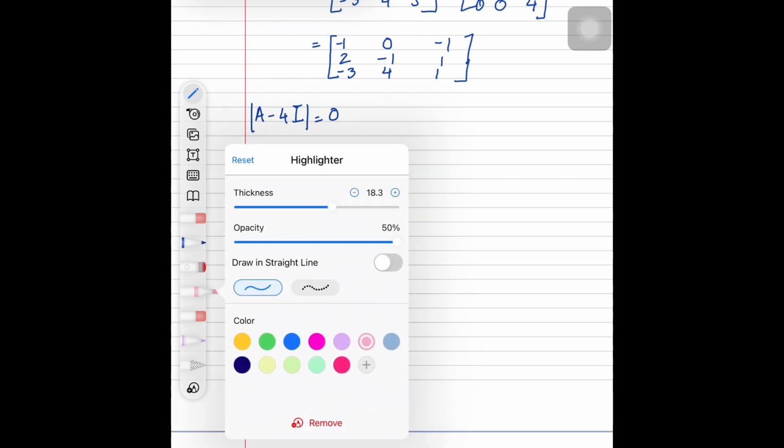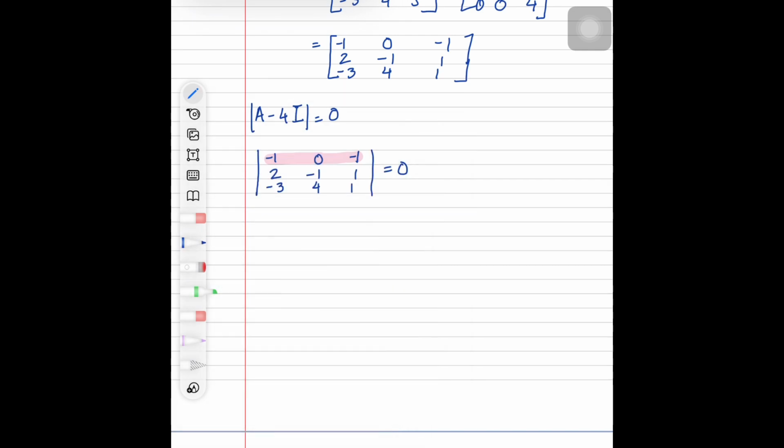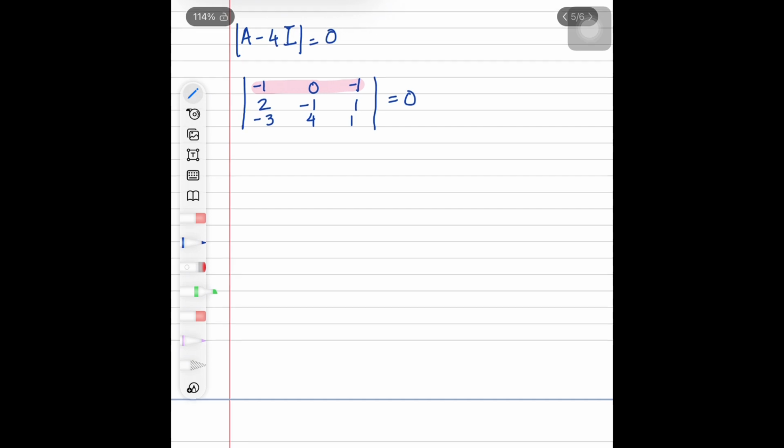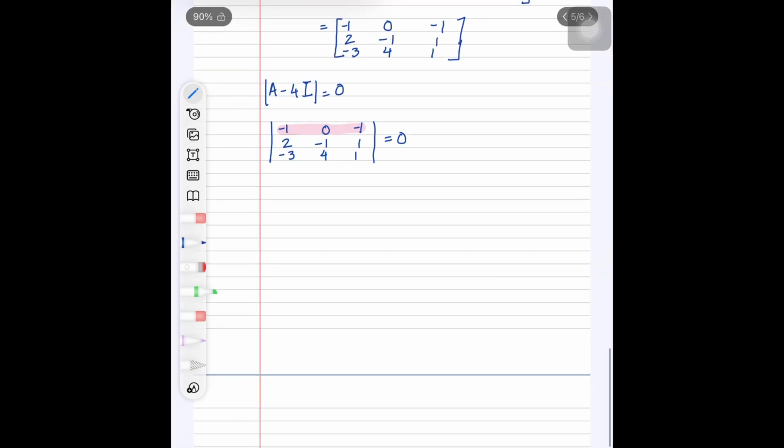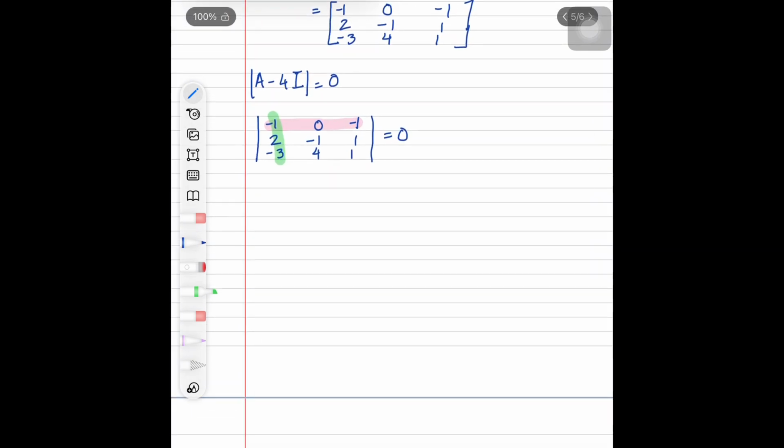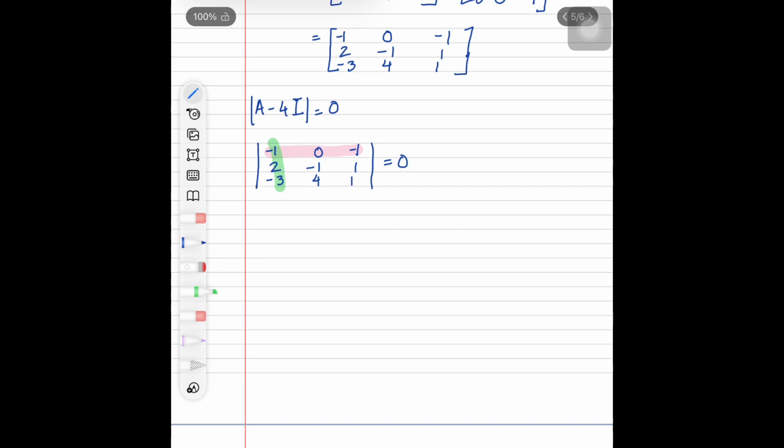Now first, let's go with the -1. So -1 times the leftover that we'll be putting here.